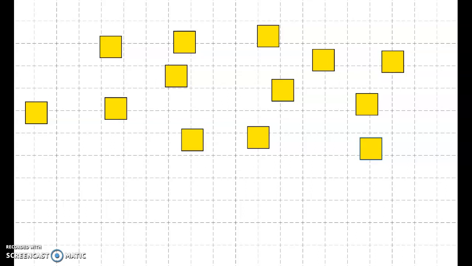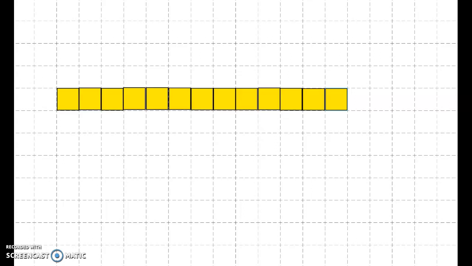Let's try a few different things and see if this is what you were thinking. Show a connection if you were thinking we could make one long, skinny rectangle. Yeah, that's good thinking. We've made a long, skinny rectangle with all of our tiles, different numbers of tiles so far.